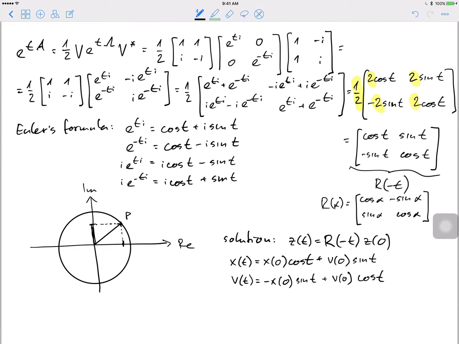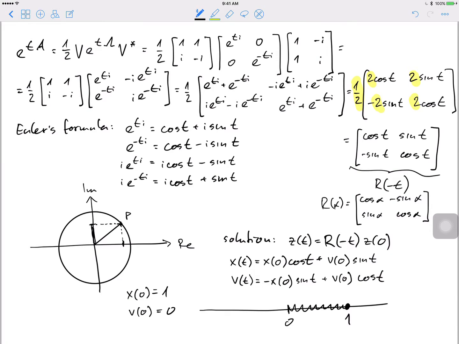Let's look at some specific initial conditions. Let's say that my initial position is 1, and my initial velocity is 0. Spring-wise, that corresponds to the situation I was drawing before. This is my 0, my mass point is at position 1, there is this Hookean spring connecting it, there is 0 velocity in the beginning, and I just release it and let it go.